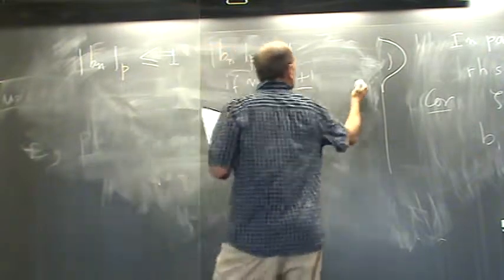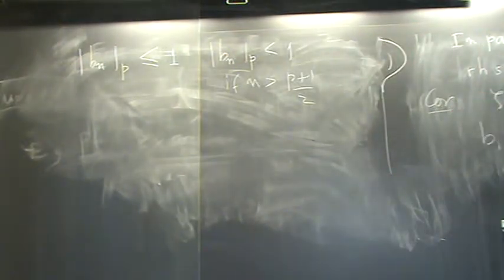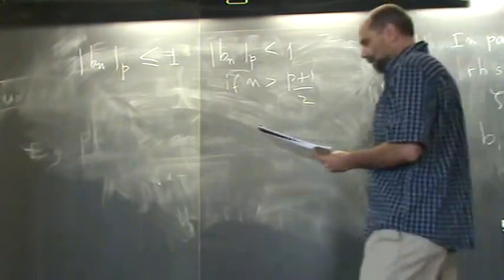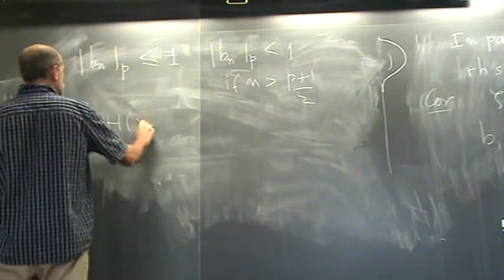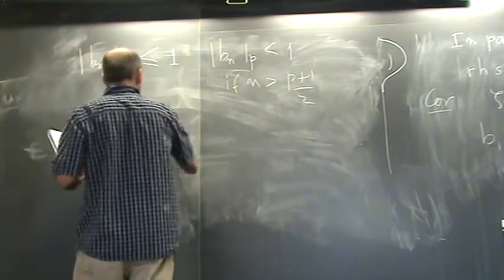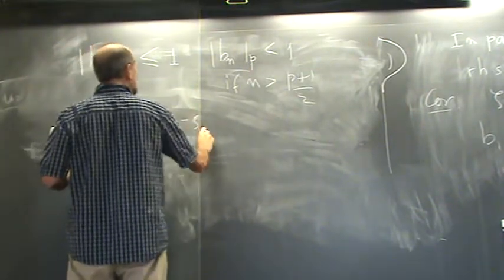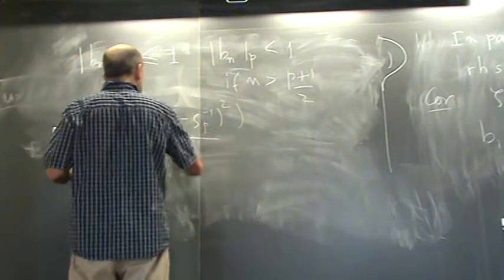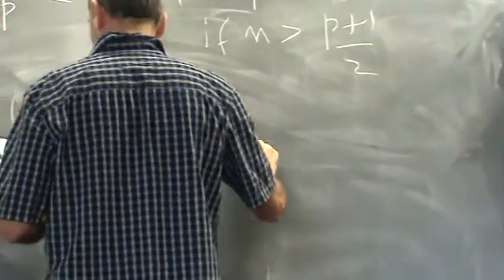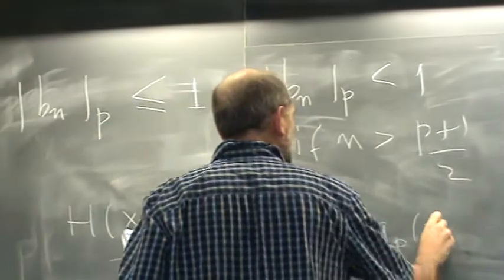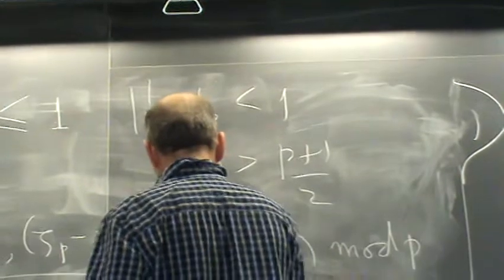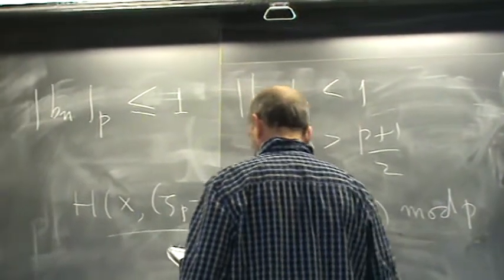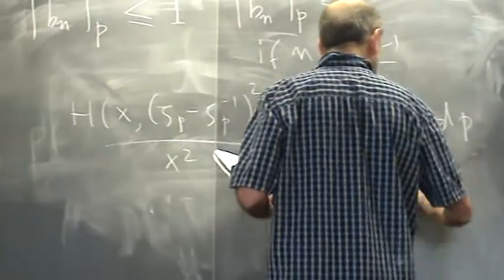If you recall, I stated something about the maximum of those valuations and when it occurred. So once you pass that maximum, the coefficients are p-adically divisible by p, which means that h of x with our choice of t is divisible by x squared. We know that, and is in fact congruent to some polynomial AP, a polynomial of degree at most p minus 3 over 2.